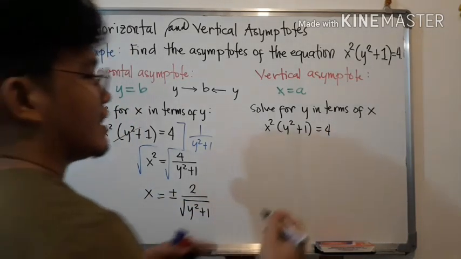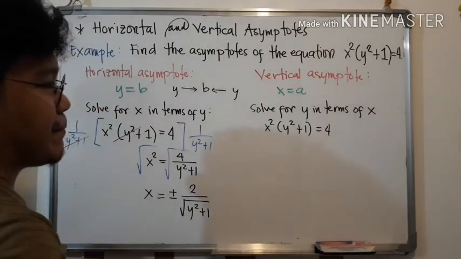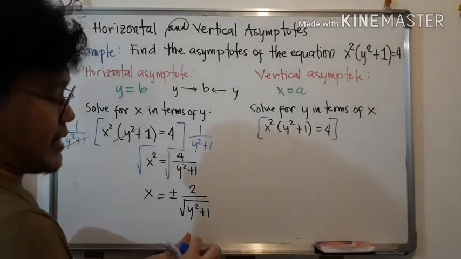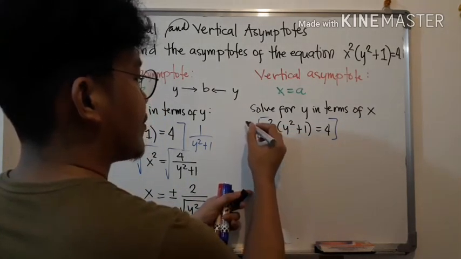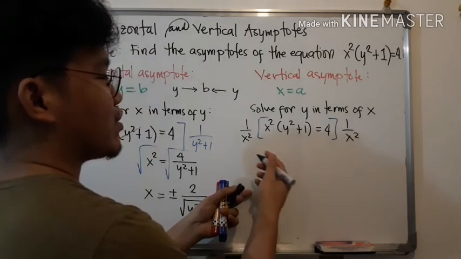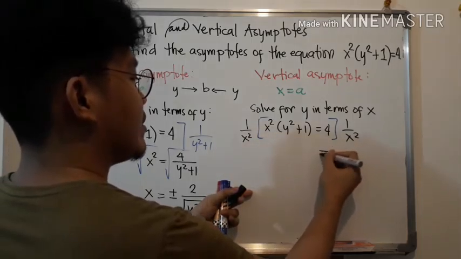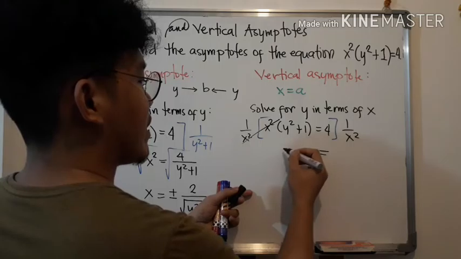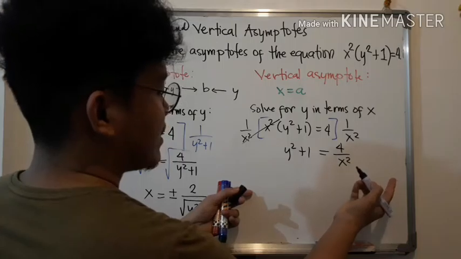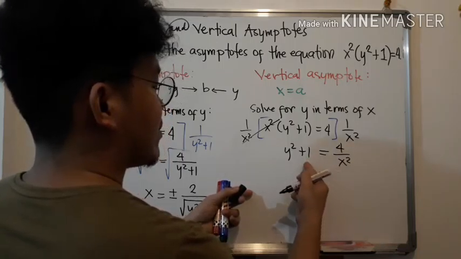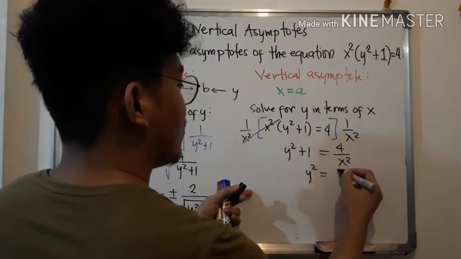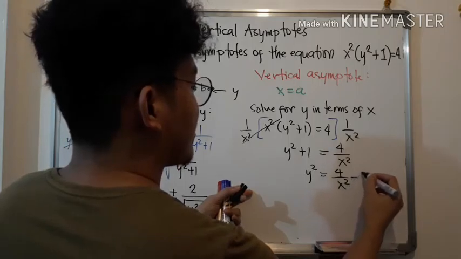How are we going to do that? We multiply both sides of the equation by the expression 1 over x squared to get rid of this, and so we have y squared plus 1 equals 4 over x squared. Then we use the subtraction property of equality, so we have y squared equals 4 over x squared minus 1.